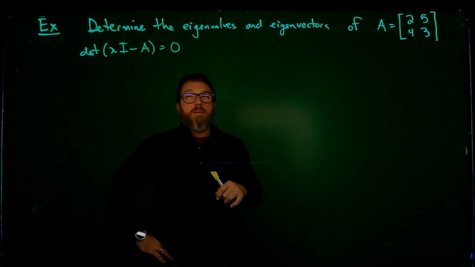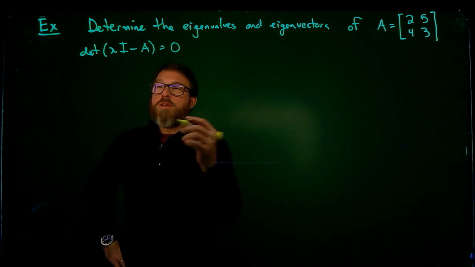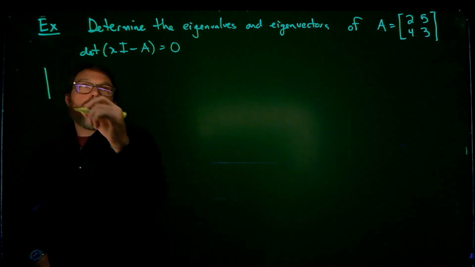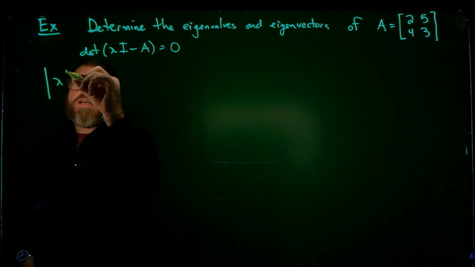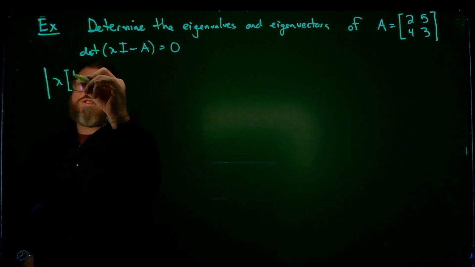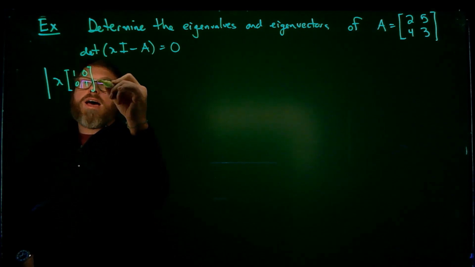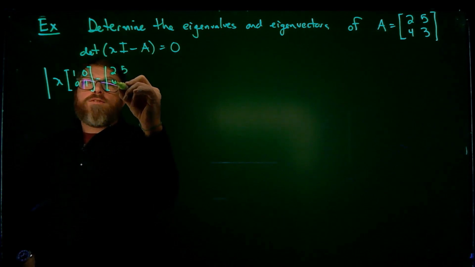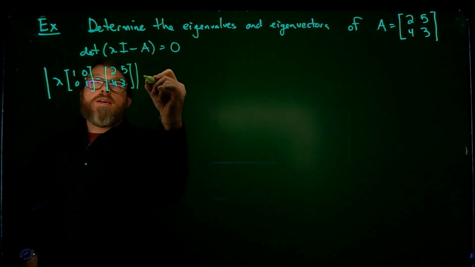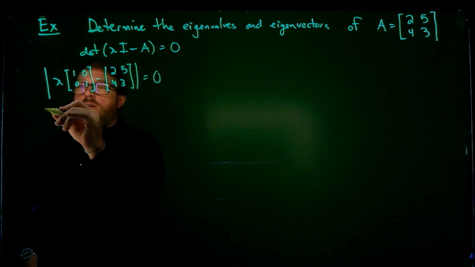In order to set this up, I'm just going to write this in this form. So the determinant. Now, lambda times I, since this is a 2 by 2 matrix, is going to be 2 by 2 in terms of I, minus A, which is going to be this 2, 5, 4, 3. And I need that determinant to be equal to 0.